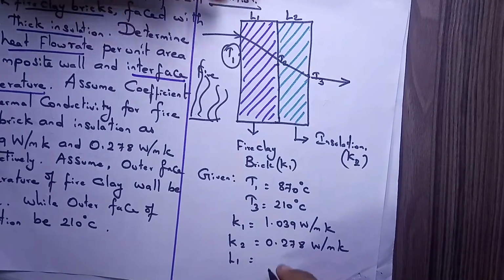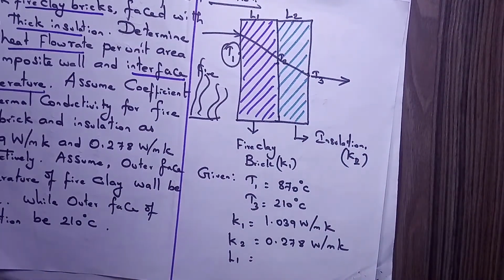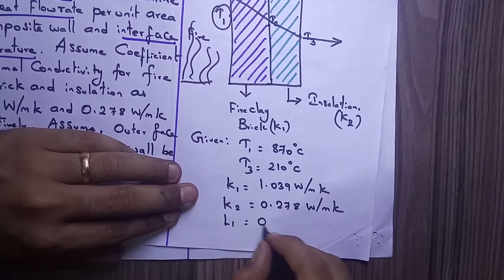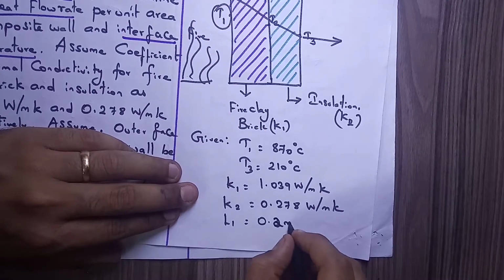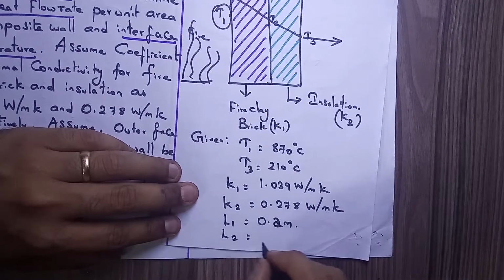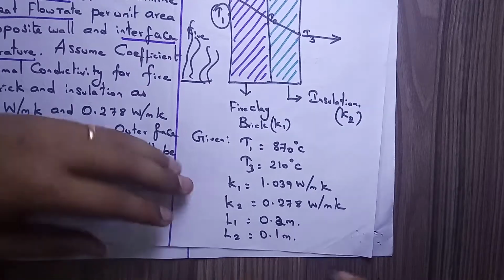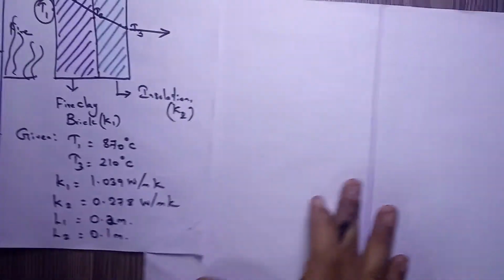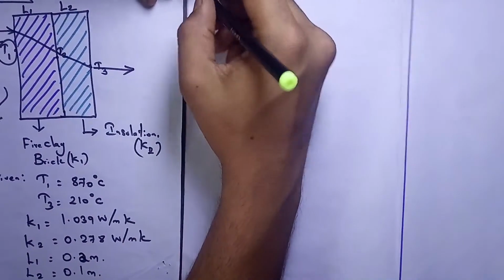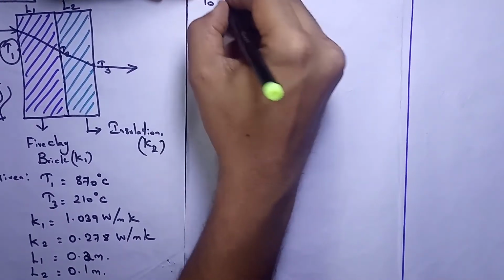What is the thickness value here? That is L1 equal to 0.2 meter and L2 equal to 0.1 meter. Now what are we going to find?